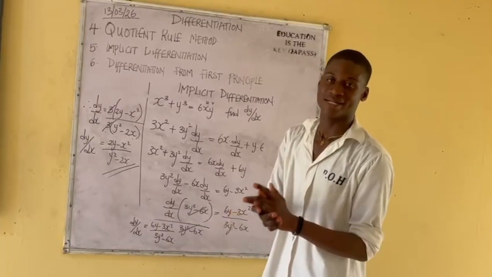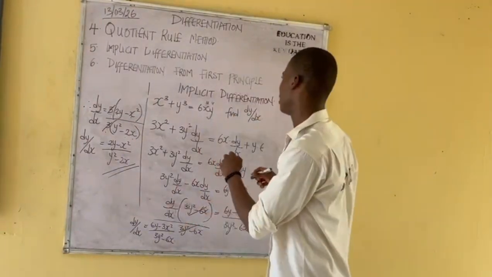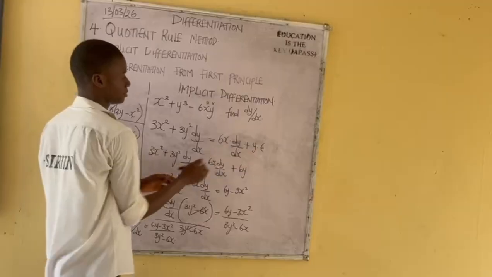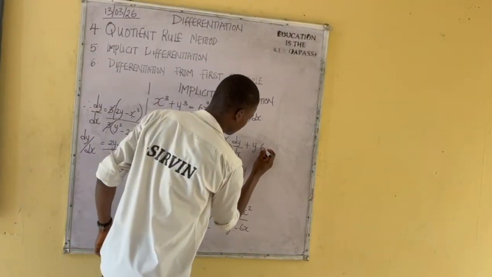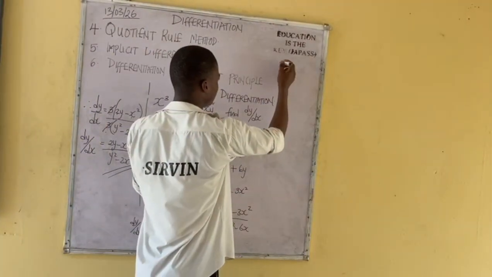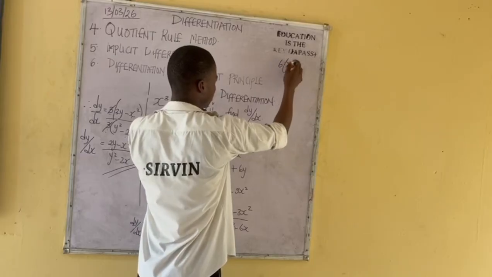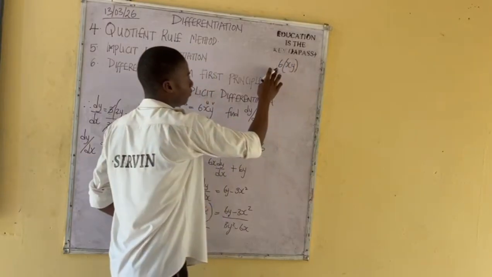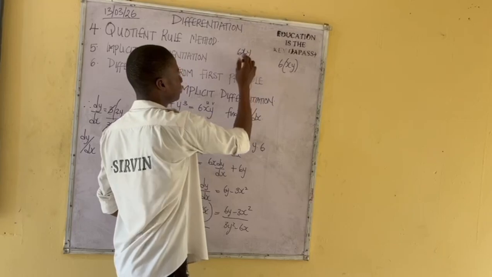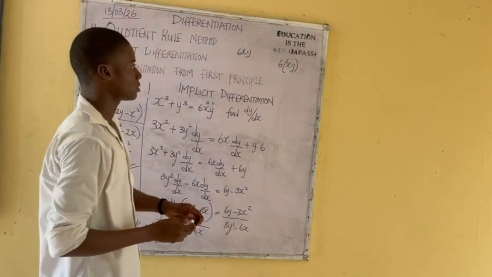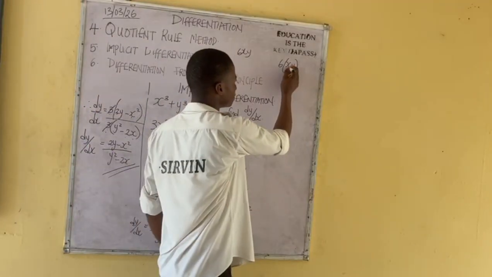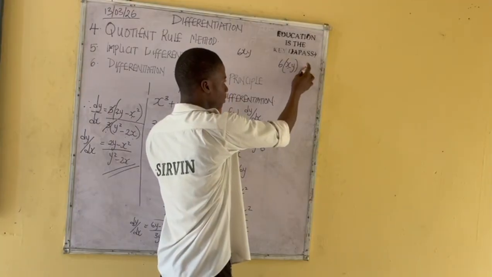Alright, one of my students asked a very brilliant question. He said, how do I differentiate 6xy? So I recall that 6xy can also be represented as 6 times x times y. Using the product rule, it says keep this one constant and differentiate this one, plus keep this one constant and differentiate this one.